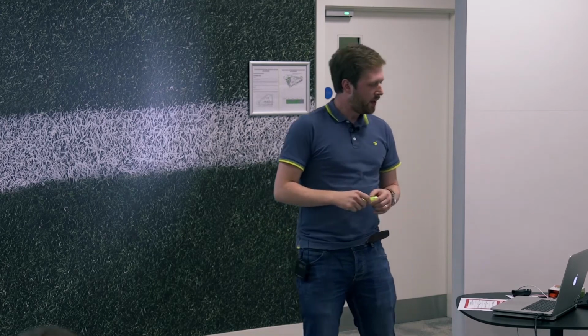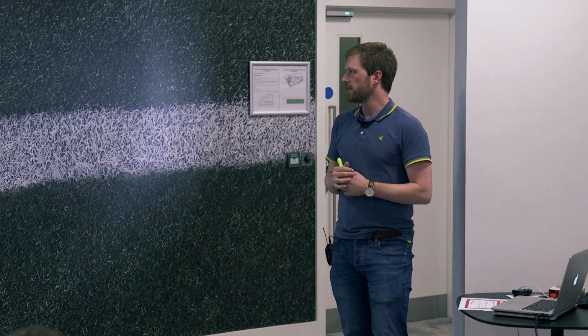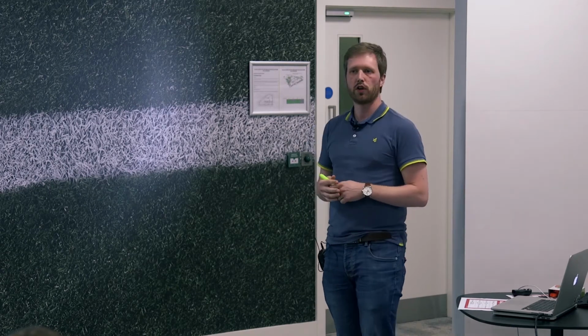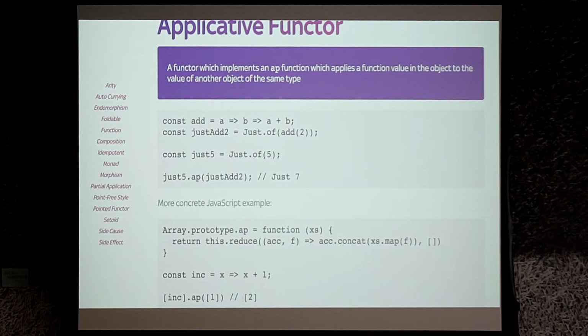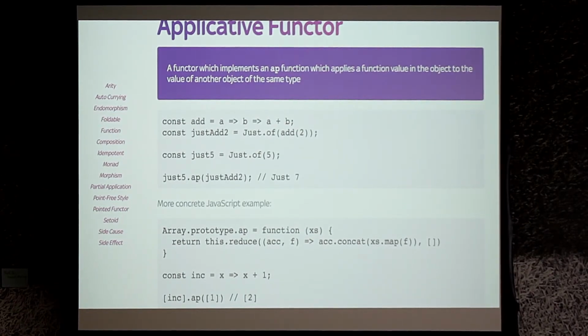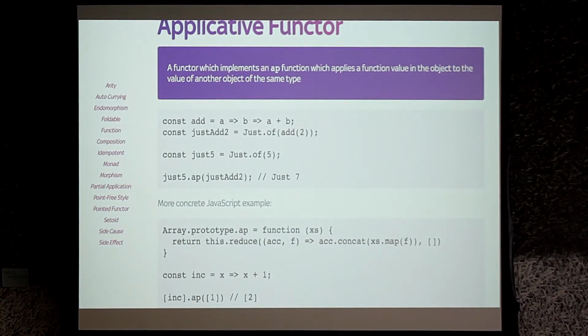Applicative functor. So this is a way of applying the contents of a container, which is a function, to the contents of another container of the same type, if that makes any sense. So here you can see you can create a just, bear with me if you've never seen this before, a just of a partially applied function called add, and then you can pass in a value of 5 in another just, and it will return a new just with the full value of 7.